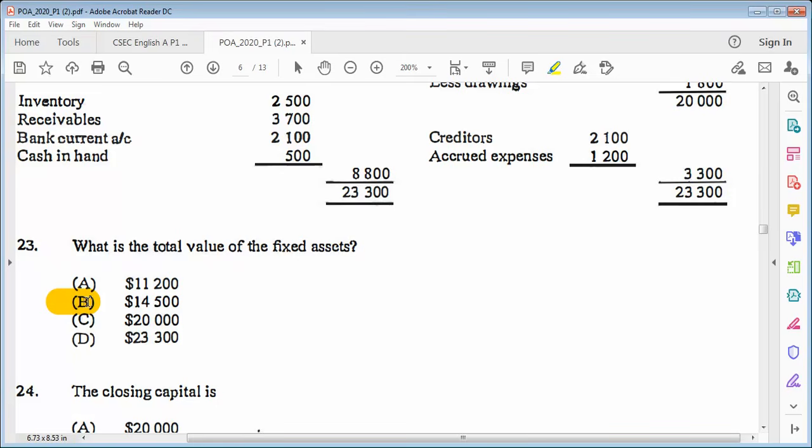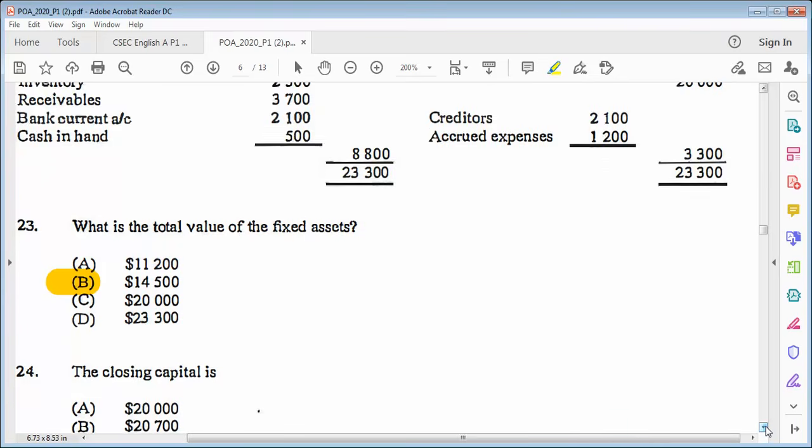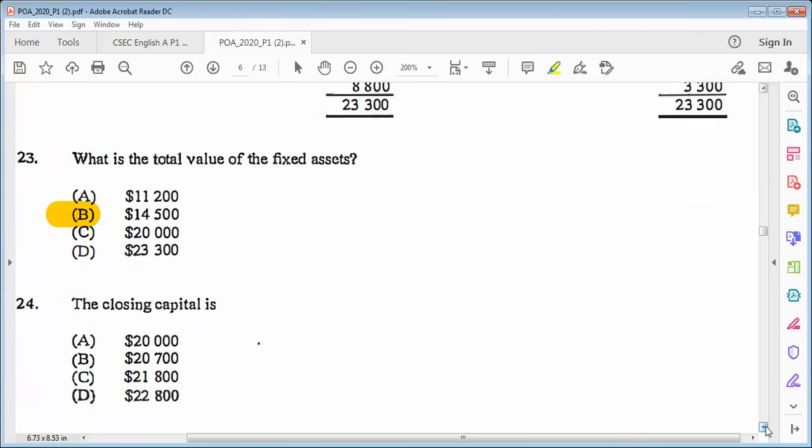Let's move on to number 24. It says the closing capital is A, $20,000, B, $20,700, C, $21,800, D, $22,800.